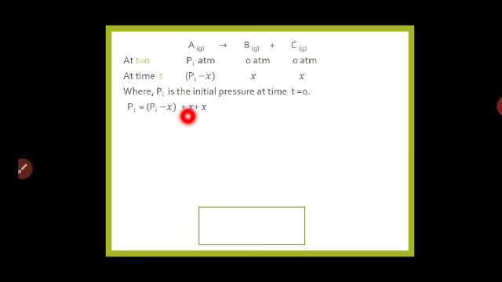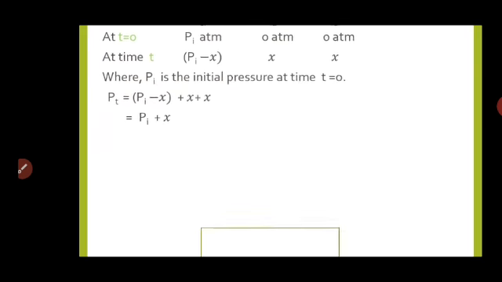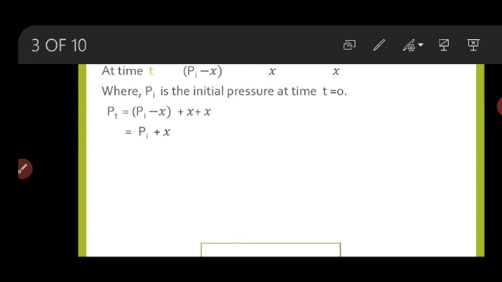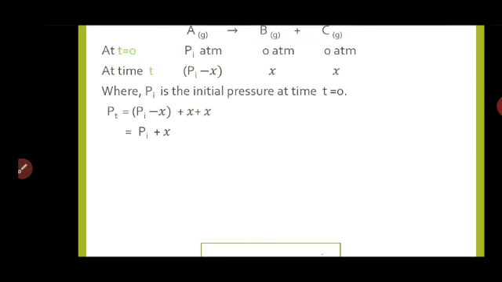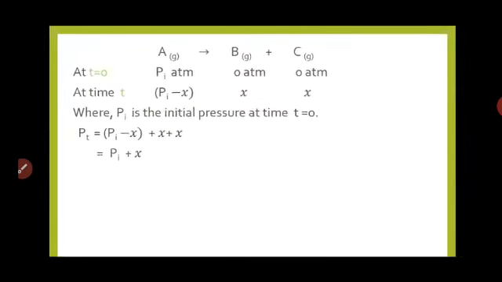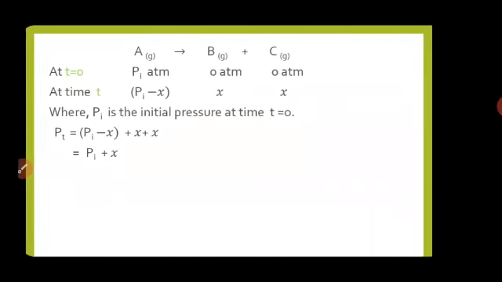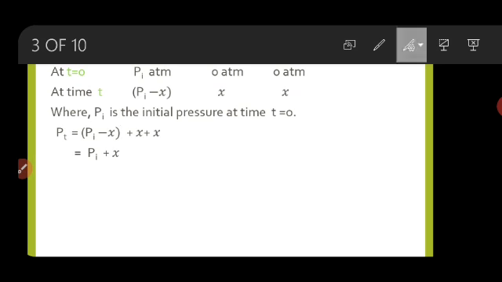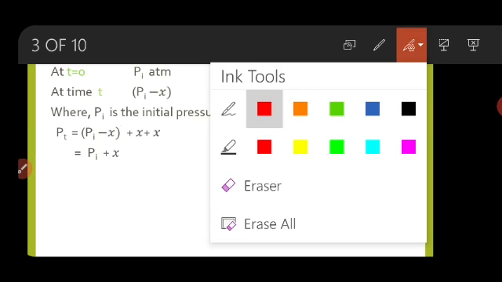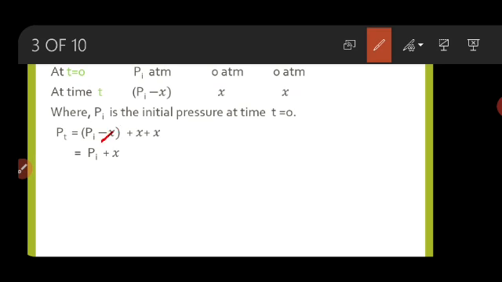So Pa is equal to Pi minus X, Pb is X and Pc is X. So Pi minus X, this minus X and this plus X get cancelled.